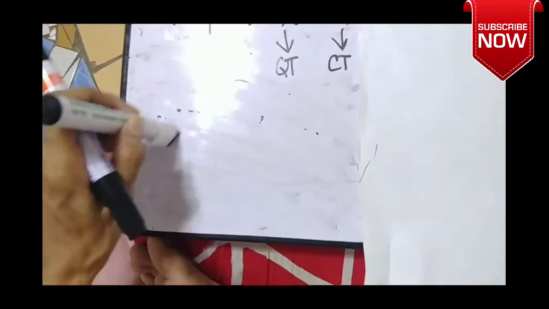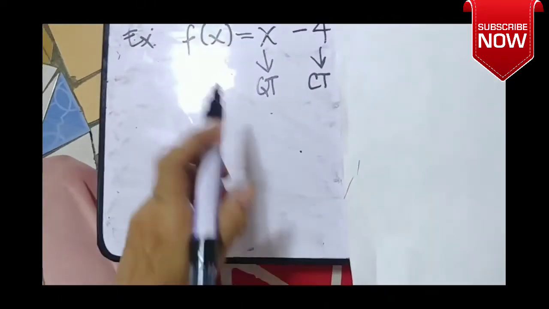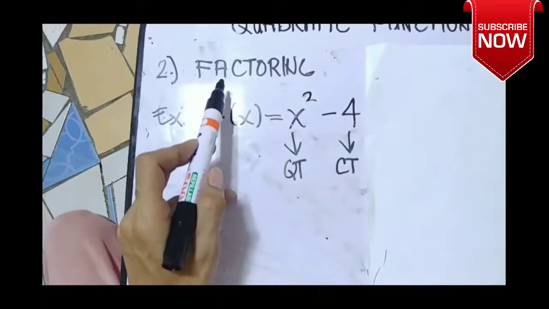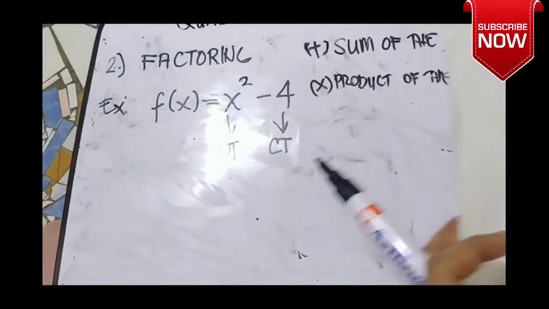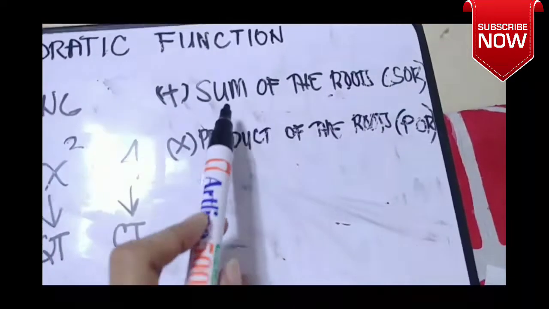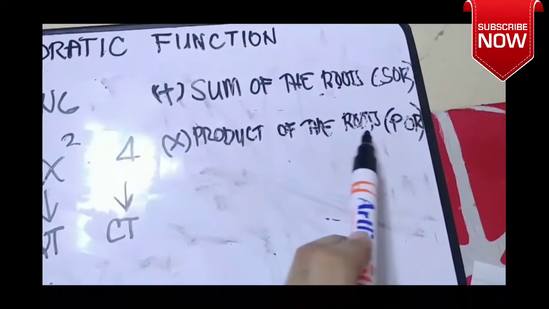Okay. So, ano ba ang kinalaman ng linear term at constant term sa pag-solve ng quadratic equation using factoring? So, dito na ngayon papasok at pag-uusapan na natin ang tinatawag na sum of the roots at product of the roots.